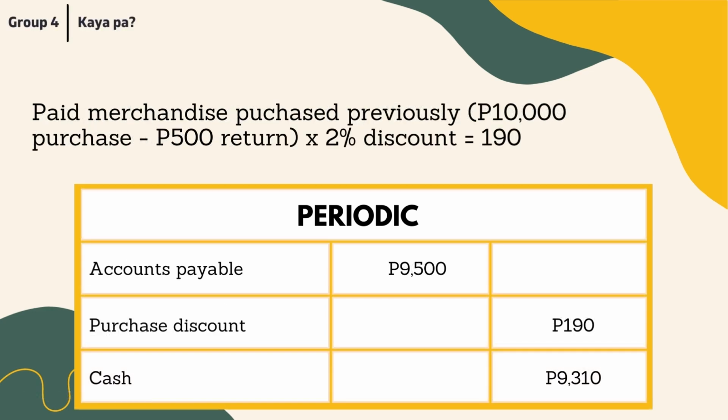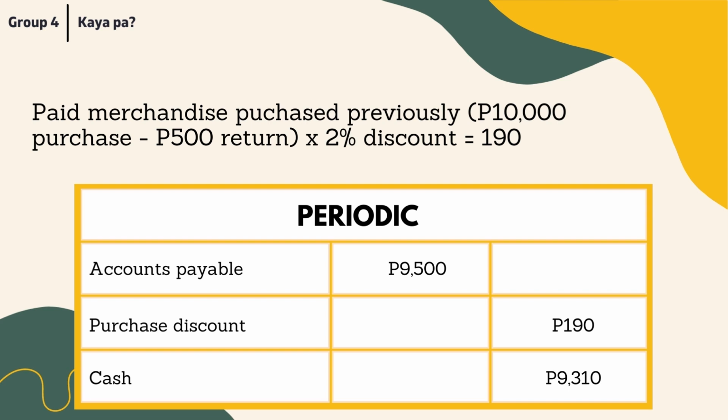Next problem. Here we go, we have paid. Paid merchandise purchased previously. So, how much did we purchase the merchandise for? 10,000 pesos. Then, we deducted 500 pesos because of returns. Whatever the answer is, multiply it by 2%, since we availed of the 2% discount.